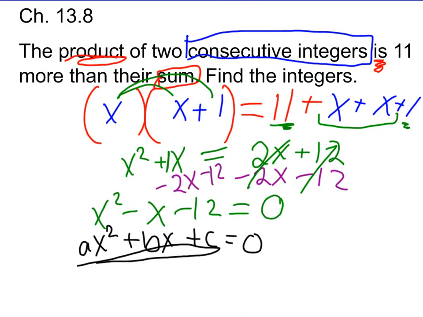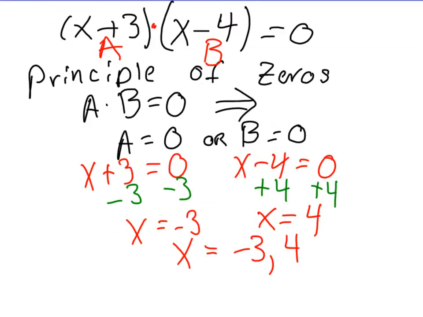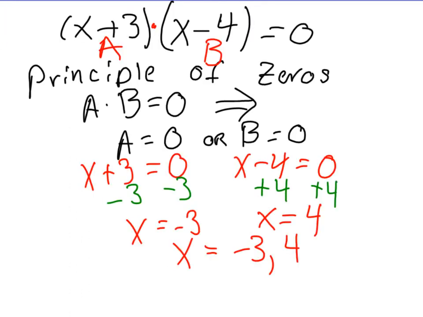So, we found x's. Actually, we found two x values, which is a little odd. So we actually have two different solutions. Now, our first one that we have is x equals negative 3.